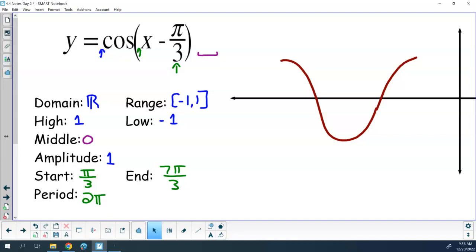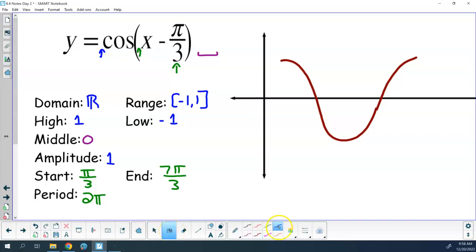Okay. But our start was at pi over 3. So that changes this one. Here, let me first add in those. Now here, this is pi over 3. Now here, this is 7 pi over 3.